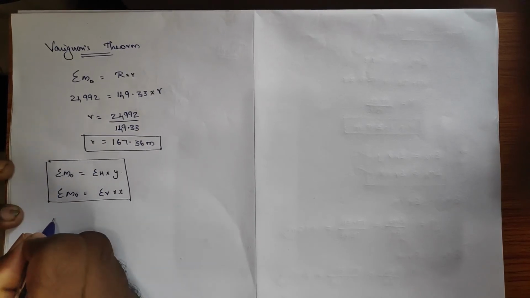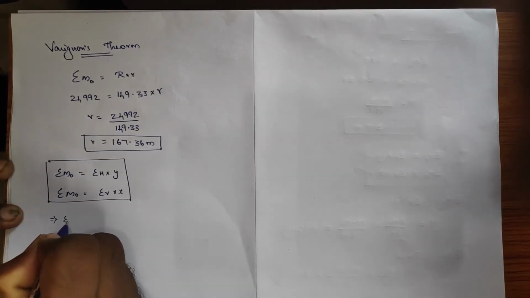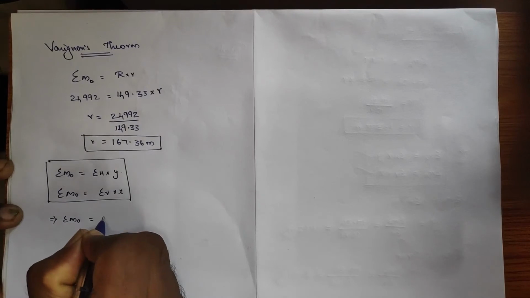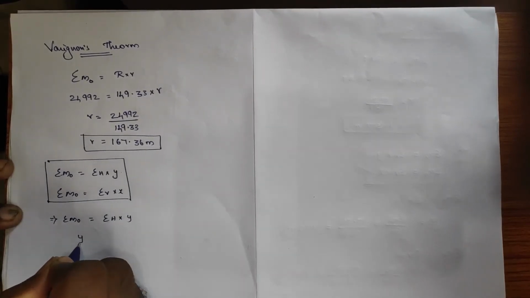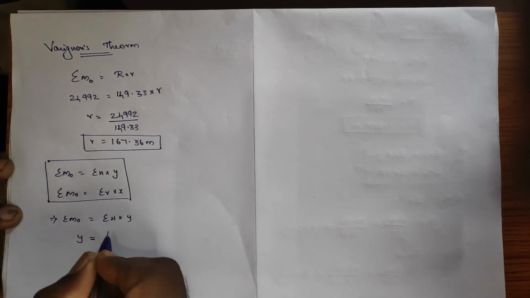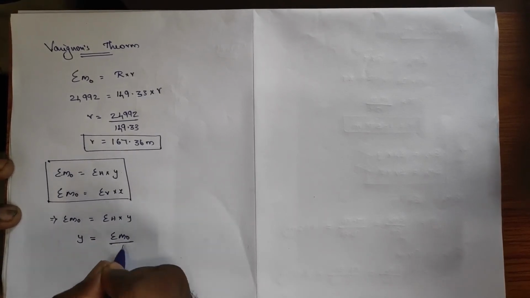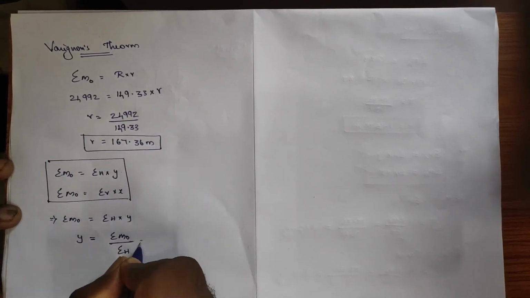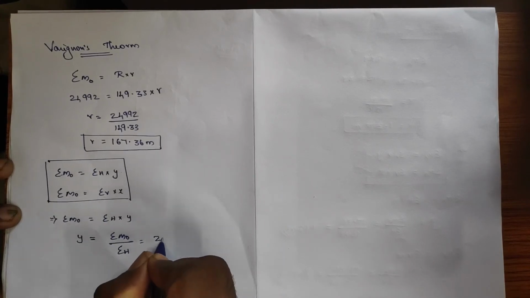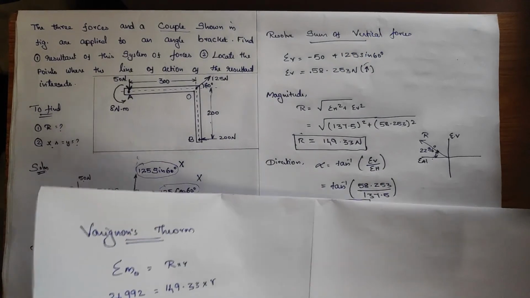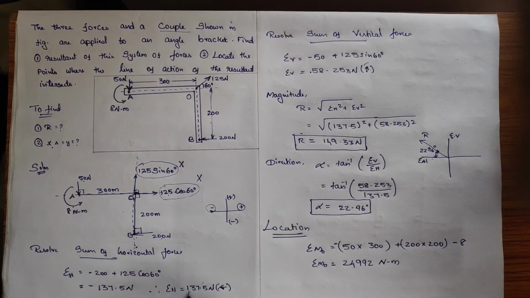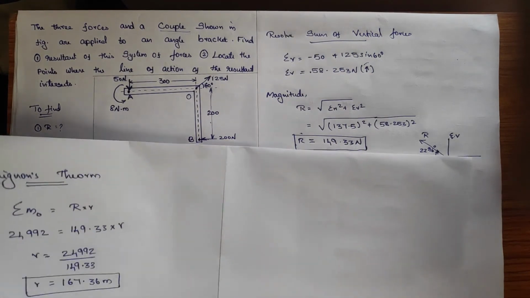Here I am going to take the first one: the sum of moment about O is equal to the sum of horizontal force into y, so that we get y when simplifying: the sum of moment about O divided by the sum of horizontal force. The moment about O we know is 24992, divided by the horizontal force we just found, which is 137.5.